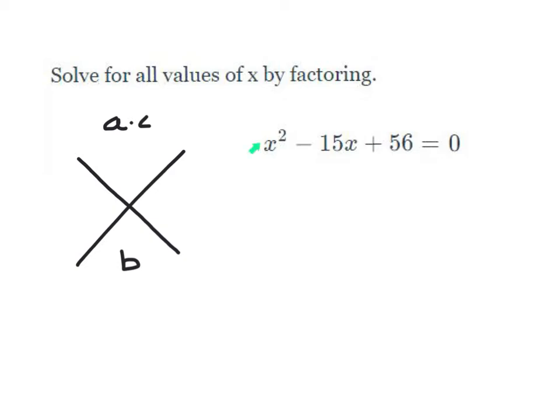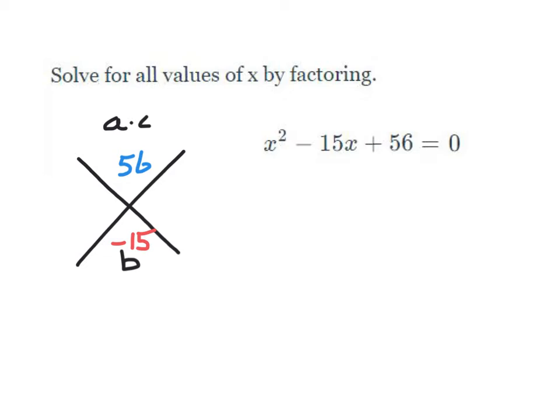So we have 1 times 56. So we're finding the factors of 56 that equal b, which is negative 15. Okay, so the factors of 56 that equal negative 15 are going to be 8 times 7, okay?